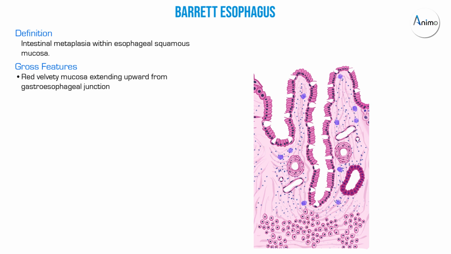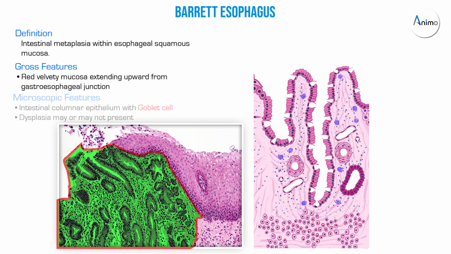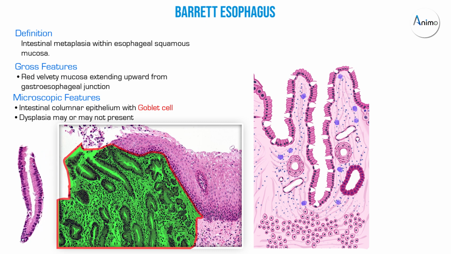Now let's compare this illustration of Barrett esophagus with the real histological slide. Here you see the normal stratified squamous epithelium of the esophagus, and deeper down this epithelium is changed into a thin covering that contains tall columnar cells with a lot of goblet cells in between them.